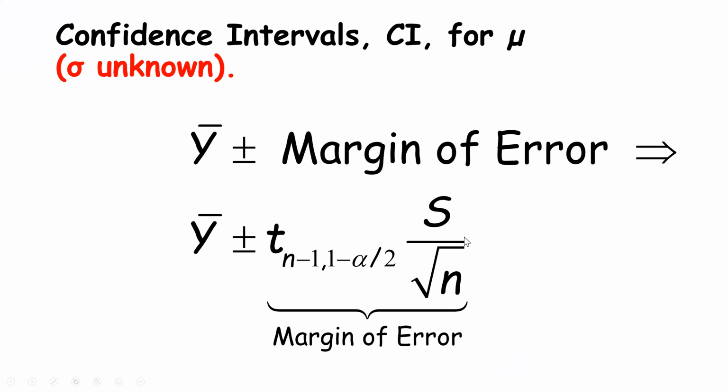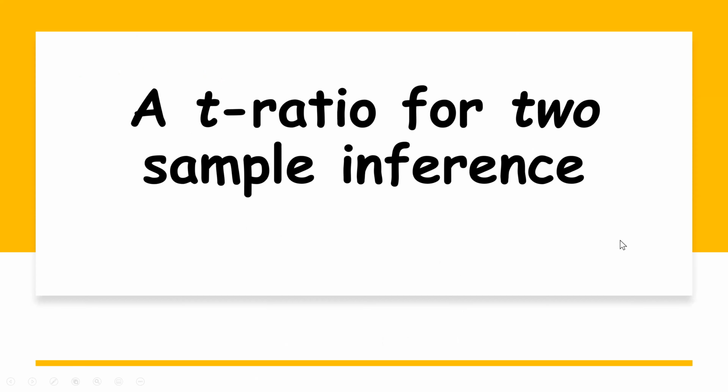But most likely we will not know sigma, so we will compute the margin of error slightly differently using the T. Of course, we will get all of this using software, but we need to understand this is how the margin of error is computed.